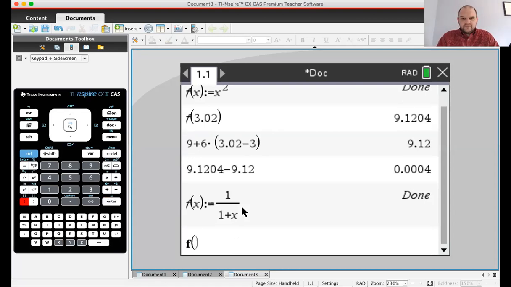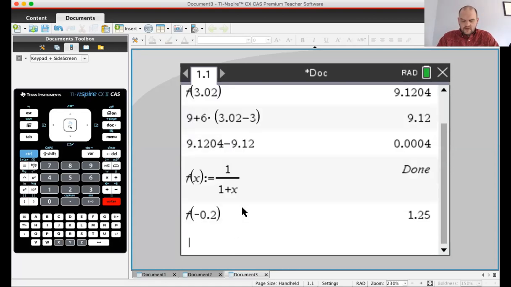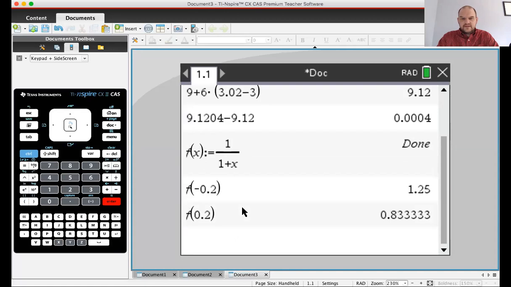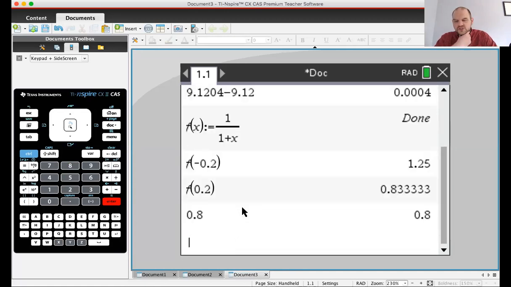All right, let's see. f of negative 0.2. Okay, 1.25. And when we did it, for negative, we got 1.2. So that's not very far away. And then f of 0.2 is this, and we got 0.8. So which one is closer?